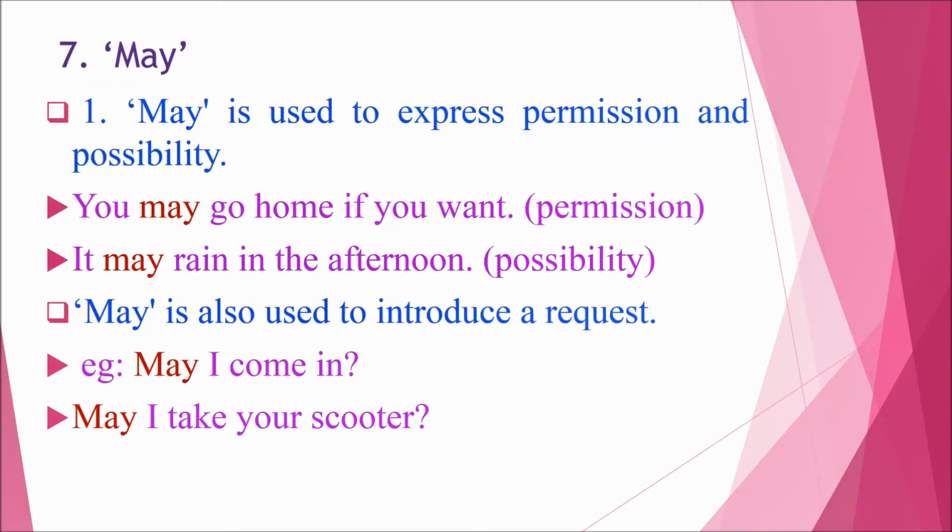Next, we move on to may. May is used to express permission and possibility. Example sentences are You may go home if you want. This sentence denotes permission. The next example sentence is It may rain in the afternoon.